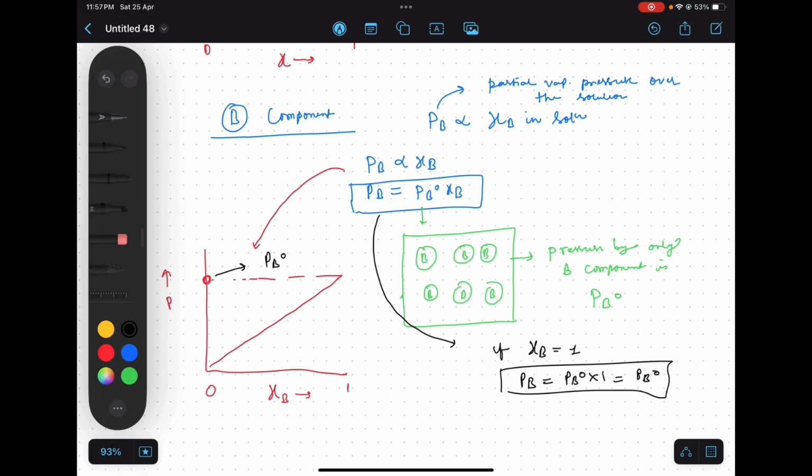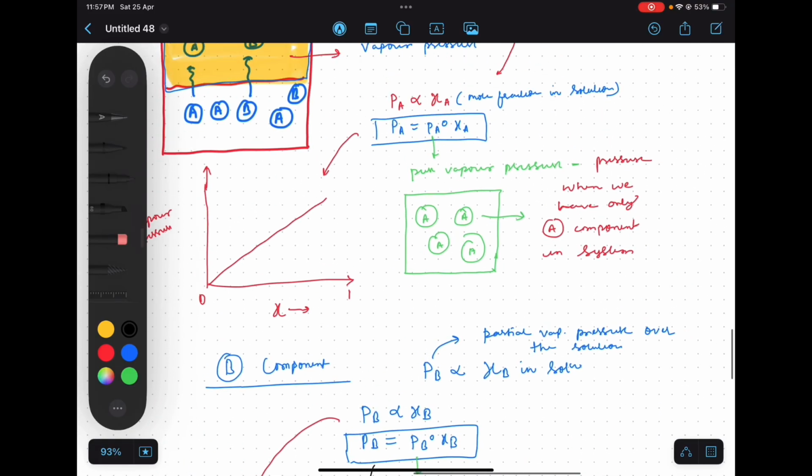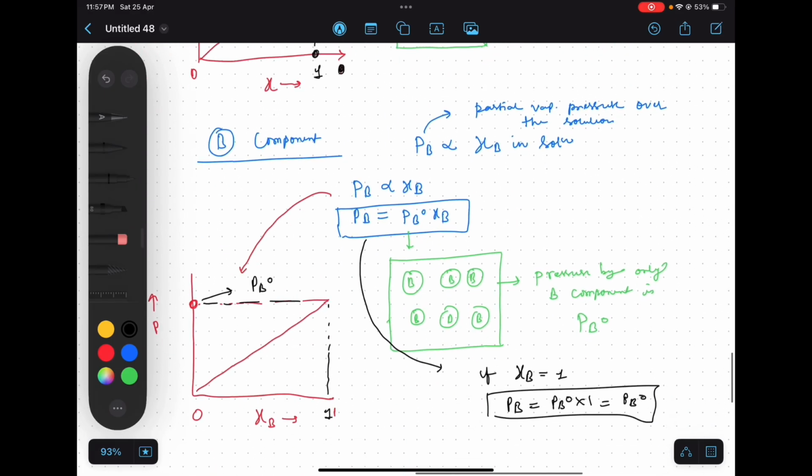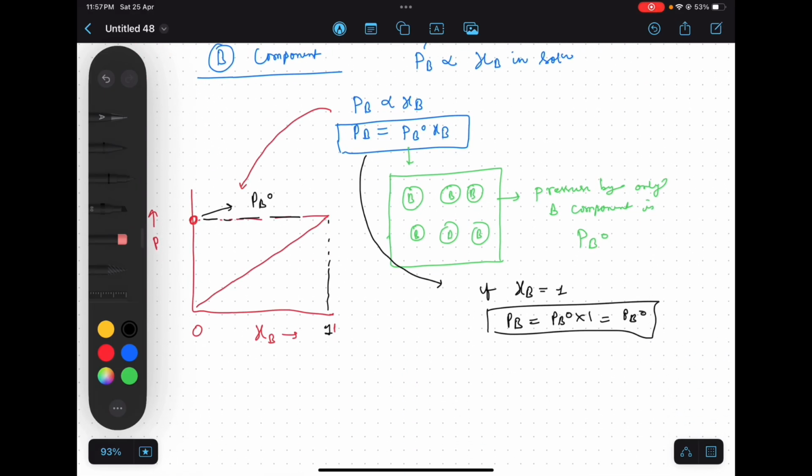I have marked it on the graph. This value is reached when the mole fraction is 1. Similarly, for the other graph, we will have the maximum value at mole fraction 1, and this maximum value will be equal to PA naught. So this is our Raoult's law for a binary solution with only two components, A and B.